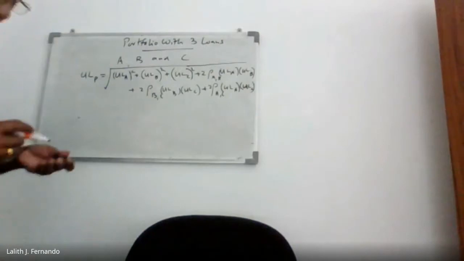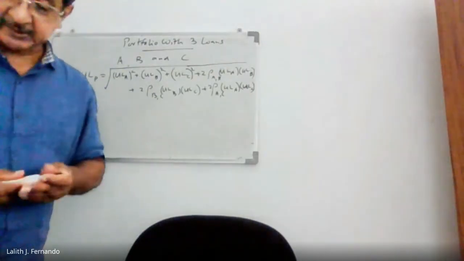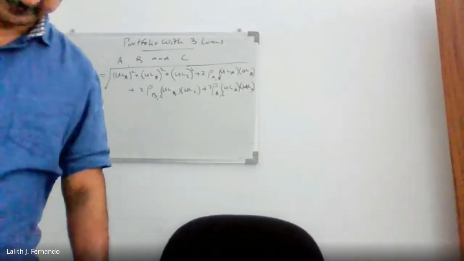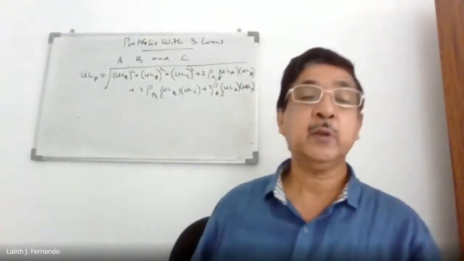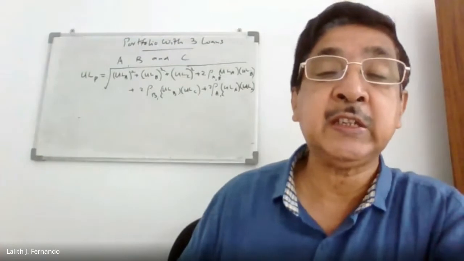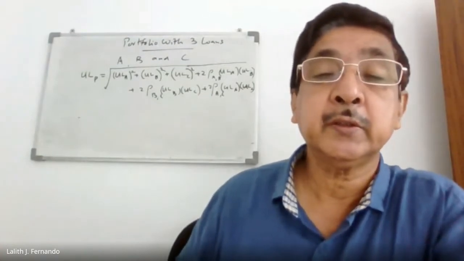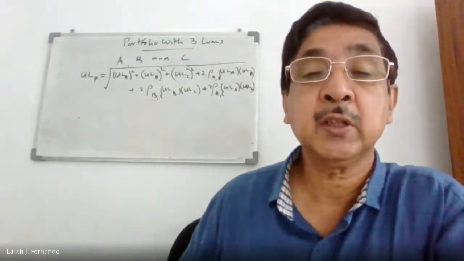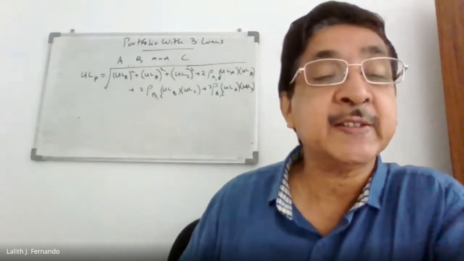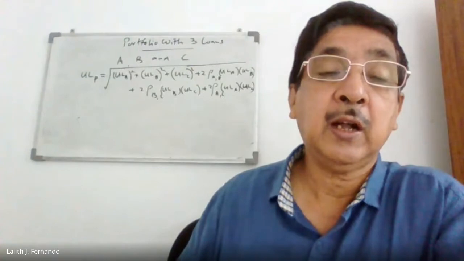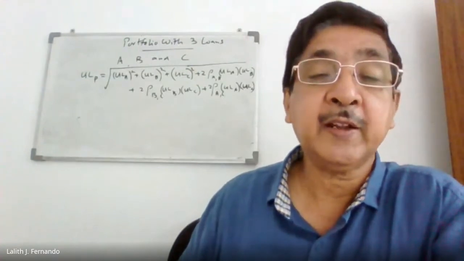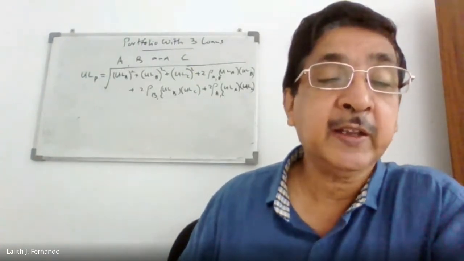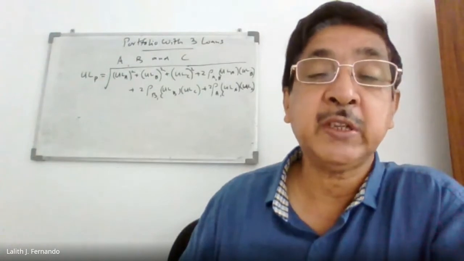So just look at it. Now there's a particular pattern. You should understand that pattern. Just look at the first three terms. Those three terms are square terms. Since you have A, B, and C, the unexpected loss of A, of B, and of C are to be taken into consideration.